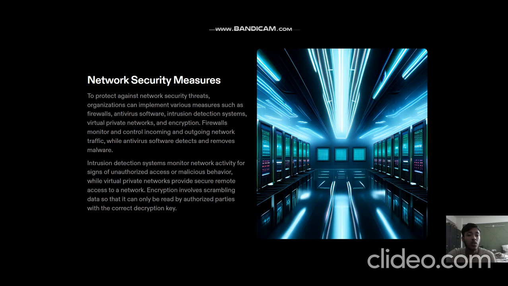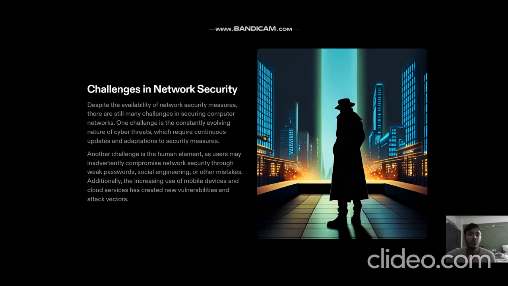Firewalls monitor and control incoming and outgoing network traffic, while antivirus software detects and removes malware. Intrusion detection systems monitor network activity for signs of unauthorized access or malicious behavior, while virtual private networks or VPNs provide secure remote access to a network. Encryption involves scrambling data so that it can only be read by authorized parties with the correct decryption key.